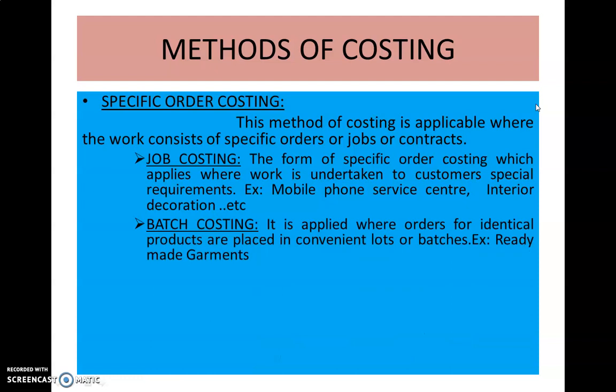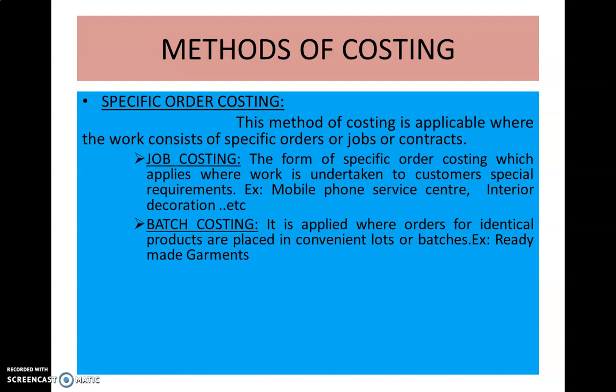Next one is called batch costing. A batch represents a number of small orders passed in batches through the factory. Under batch costing, goods are produced in batches. It is applied where orders for identical products are placed in convenient lots or batches.